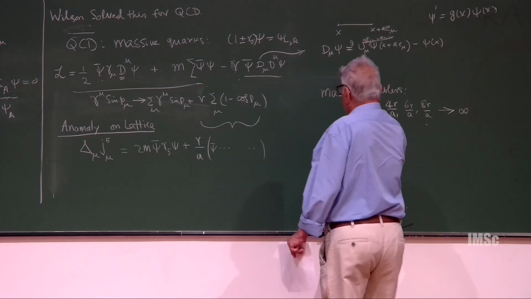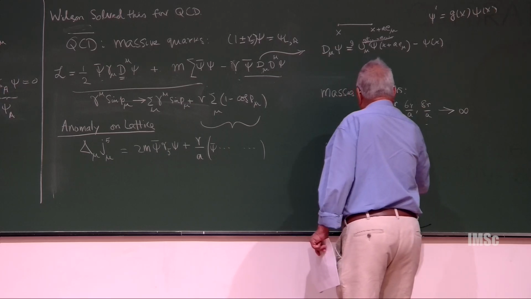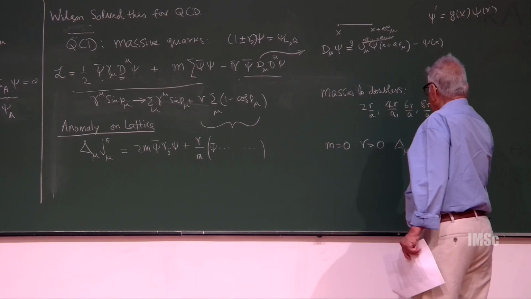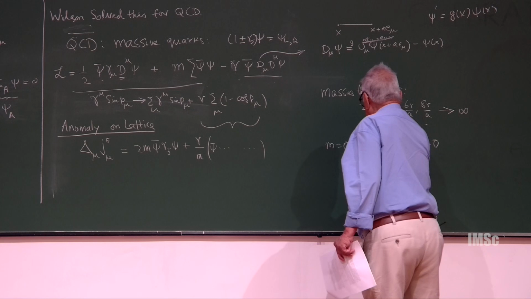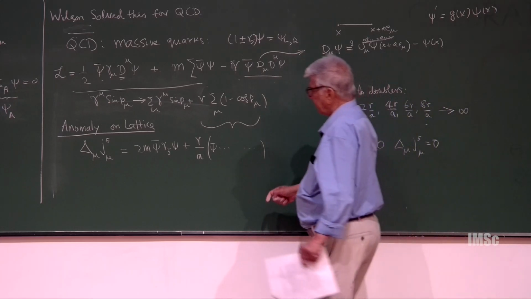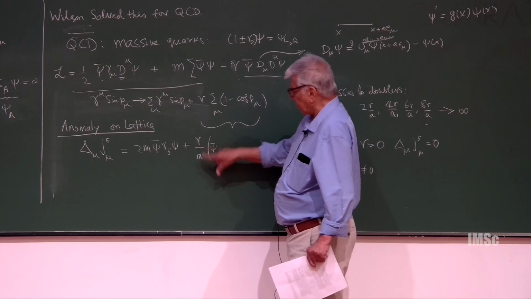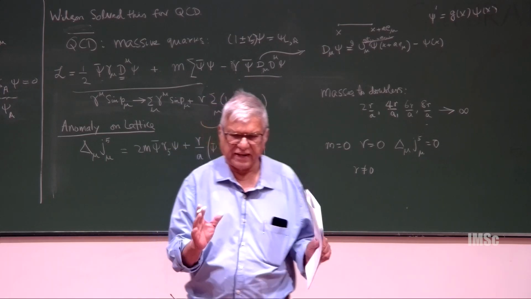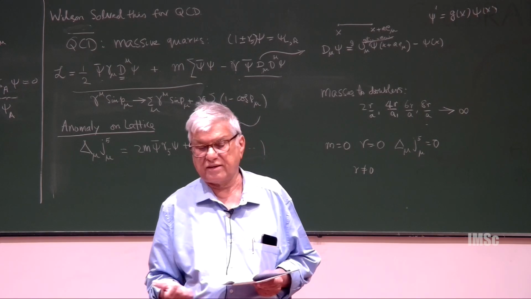So when R was exactly 0, say when m is equal to 0 and R is exactly 0, then even in the lattice, the axial current was exactly conserved. But when R is not equal to 0, a very subtle interplay: this vanishes as a goes to 0, this blows up as a goes to 0, leading to a finite contribution to the divergence of the axial current.